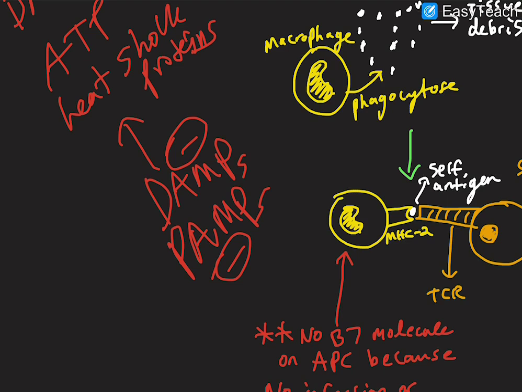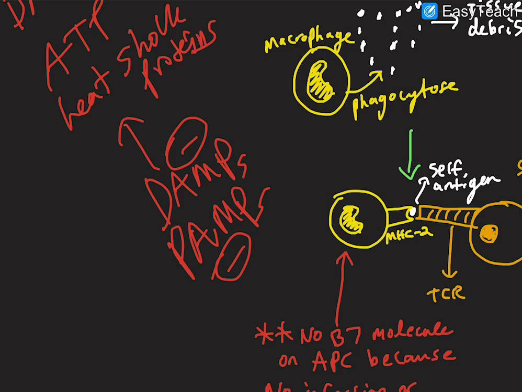Now, if there was an infection, let's say from a bacteria, then you would have certain pathogen associated molecular patterns. For example, if this was Salmonella, then you would have flagellin, which would activate your toll-like receptors, specifically toll-like receptor 5.